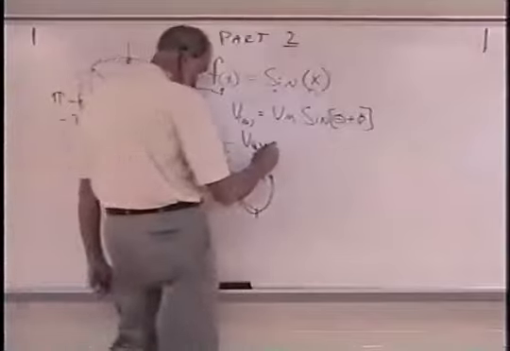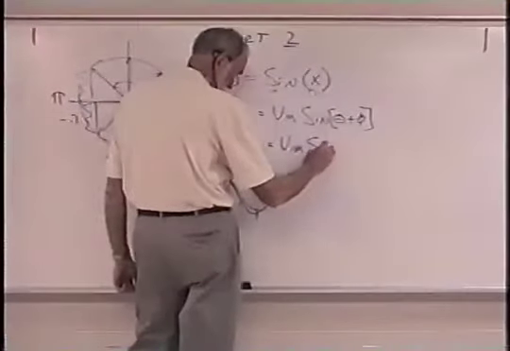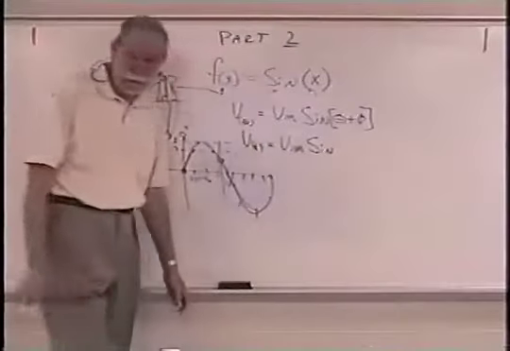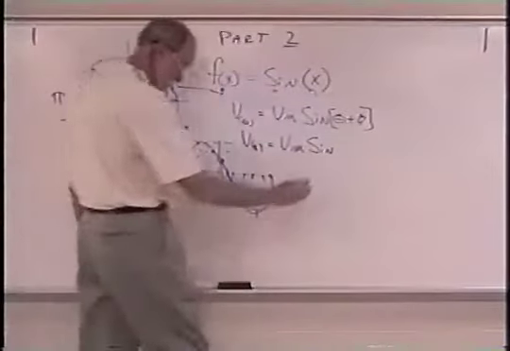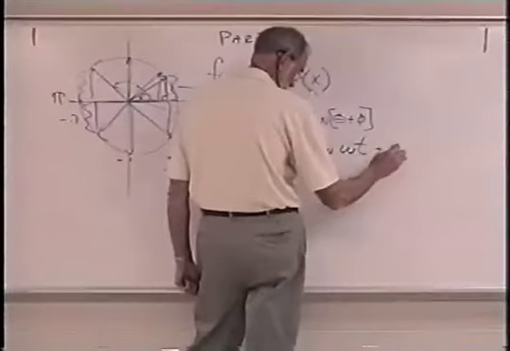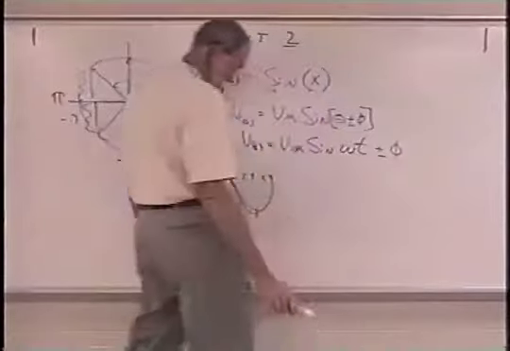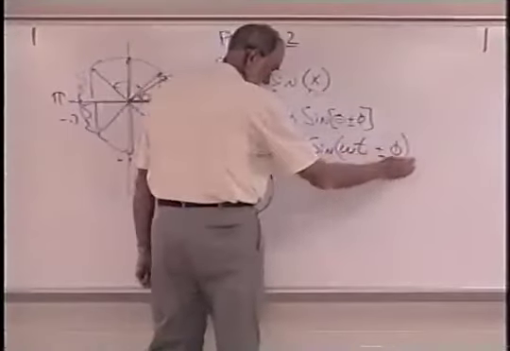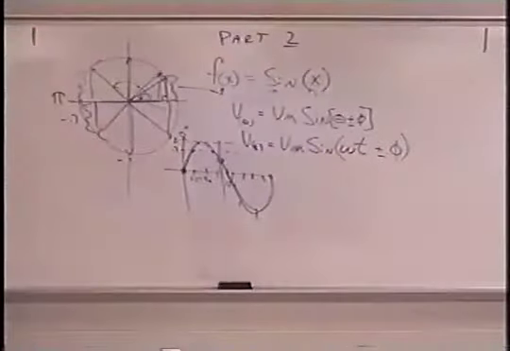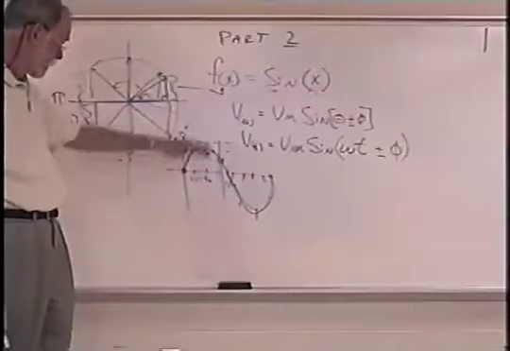And that is very similar, V max times the sine of, now here's where we depart, omega t plus or minus some displacement angle. Now then, I'm going to have to do some explanation about what this omega t business means. But these are the three forms that you will run across.